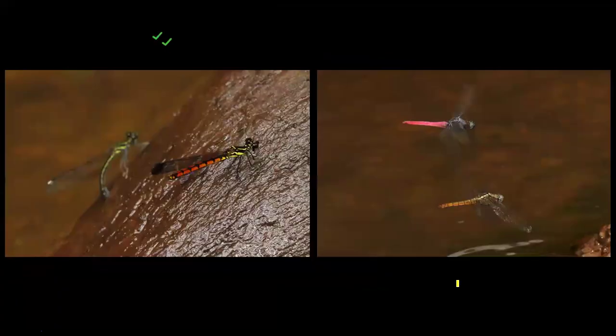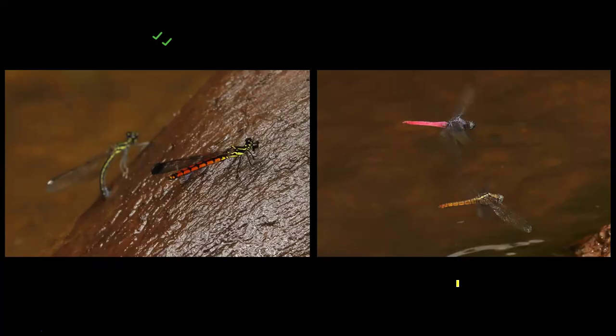Other species generally lay their eggs in plant tissues above water. It could be on the surface of water, or a grass or a reed coming out of water, any soft plant material that they can penetrate and lay the eggs inside. That's the only requirement there.